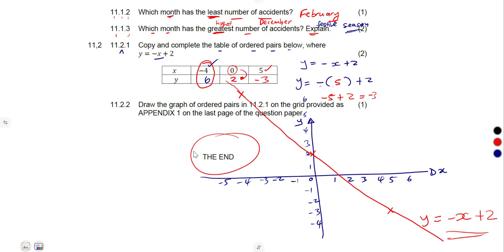So that was it for this question paper. As I said, it was a lot of things, and it was good that it brings everything that we had since we started grade 8. That was a nice revision. Let us hope that with time we are going to revise other question papers, specifically for our term 4.